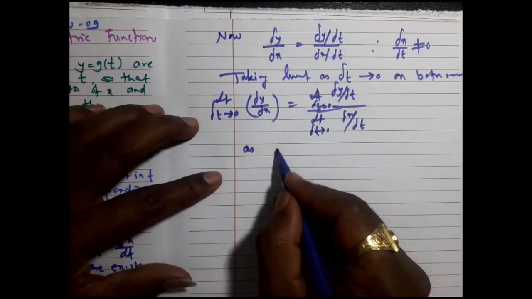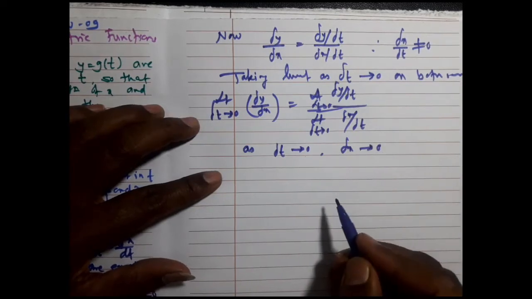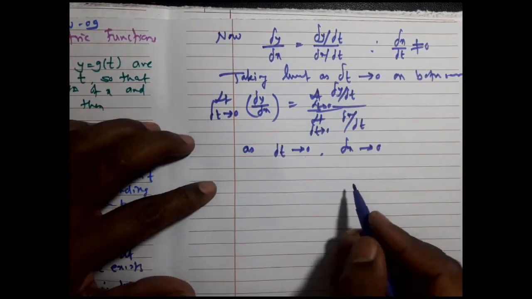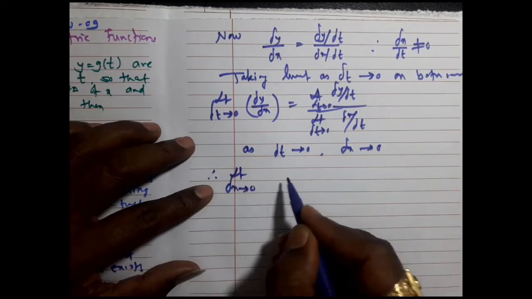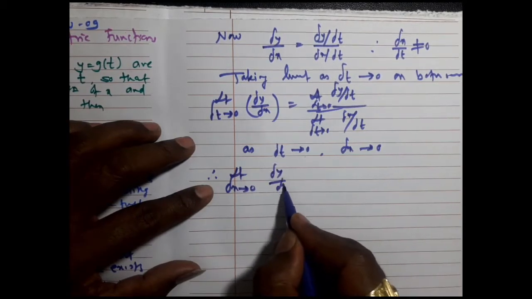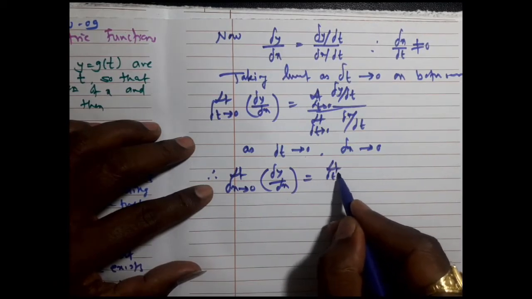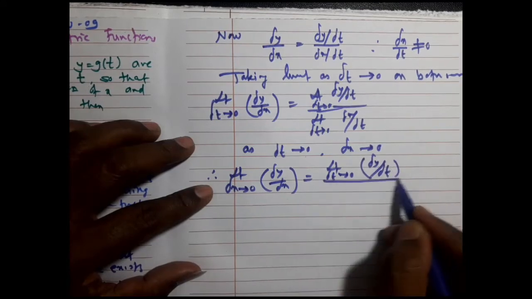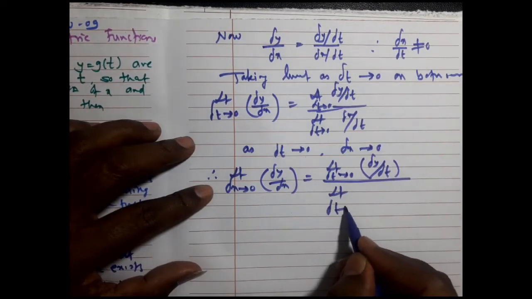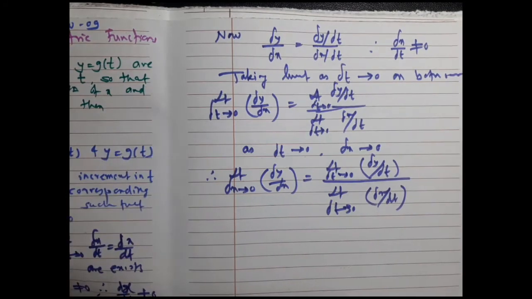As delta t tends to 0, delta x also tends to 0 because x is a function of t. Therefore, limit delta x tends to 0, delta y by delta x is equal to limit delta t tends to 0, delta y by delta t upon limit delta t tends to 0, delta x by delta t.